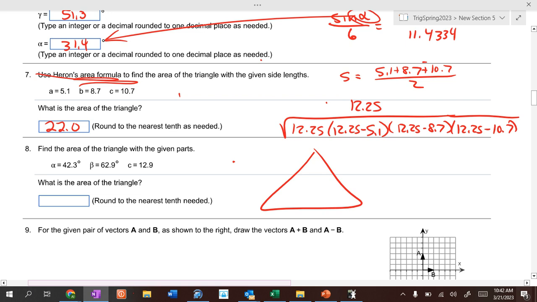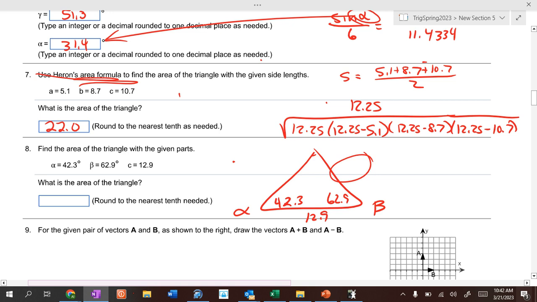If I know alpha is 42.3, beta is 62.9, and C is 12.9. If I want to figure out the area of this, and I wanted to use my side angle side formula, I have to figure out this angle, so then I can use the law of sines to figure out this side or this side.